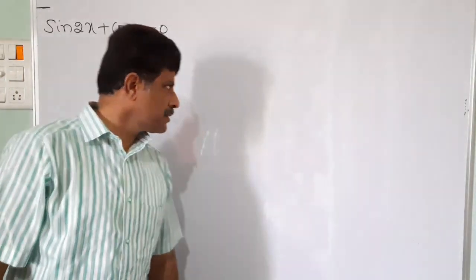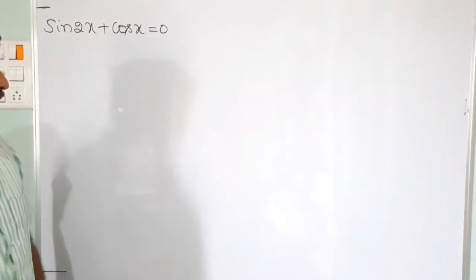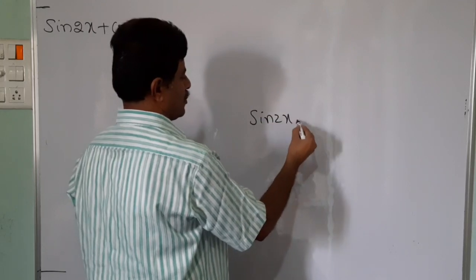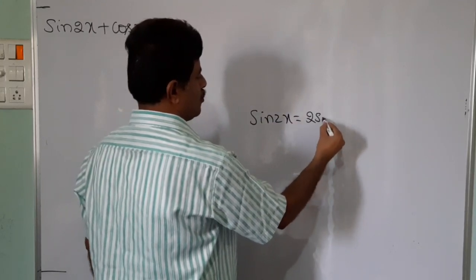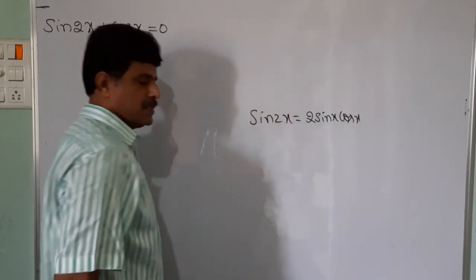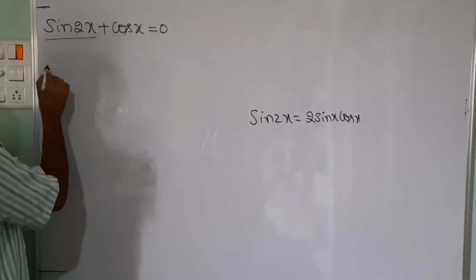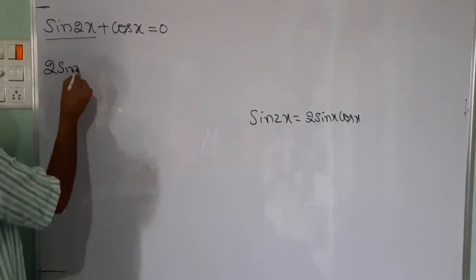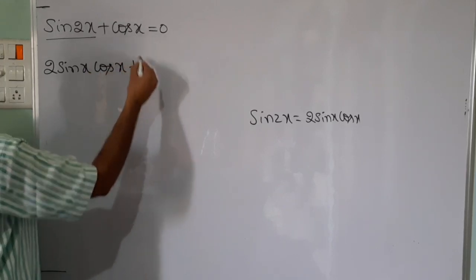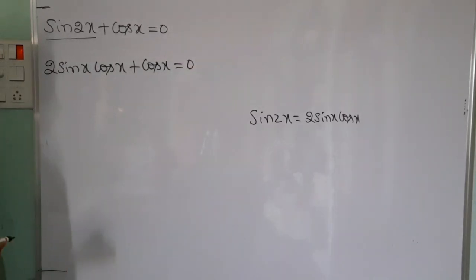Okay, dear students, we know the formula sin 2x is equal to 2 sin x cos x. Write here: 2 sin x cos x plus cos x is equal to 0.